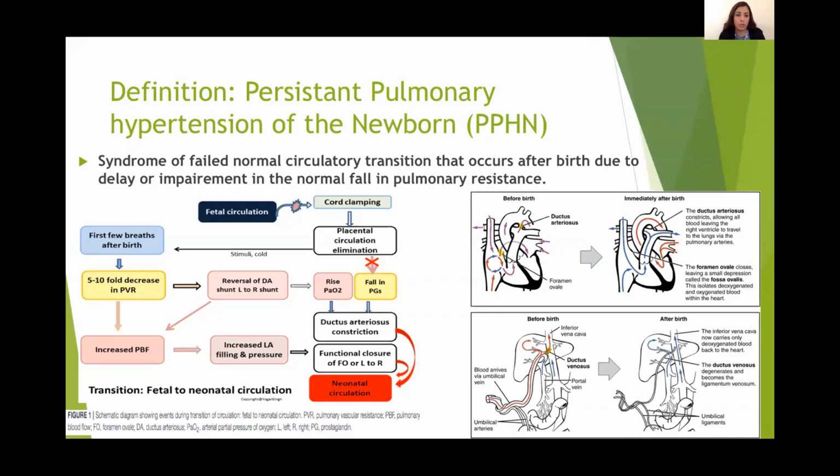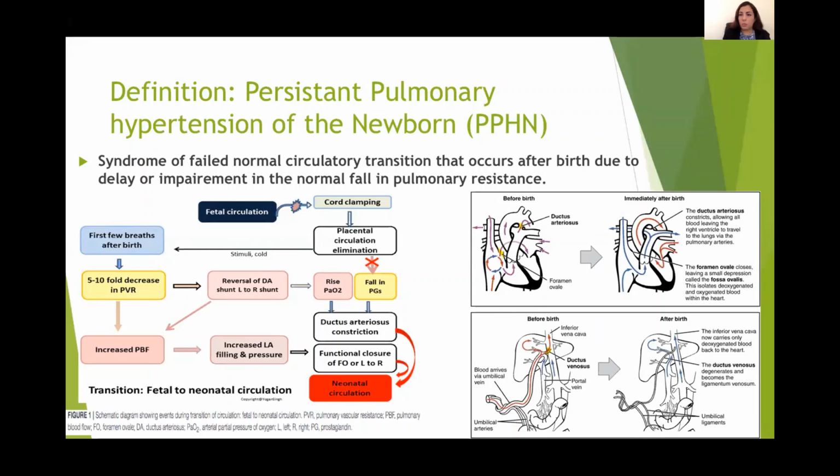This is what should happen in the normal start of life. Once the PVR reduces, we have an increase in the pulmonary blood flow. We have a reversal of the shunt from right to left to left to right. This helps raise the PaO2 and helps in the PDA constriction.